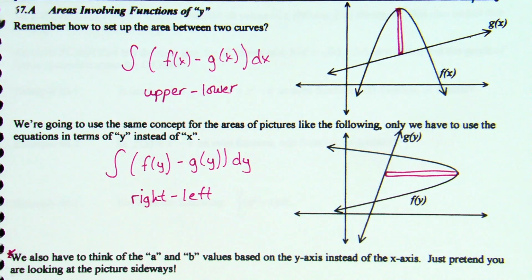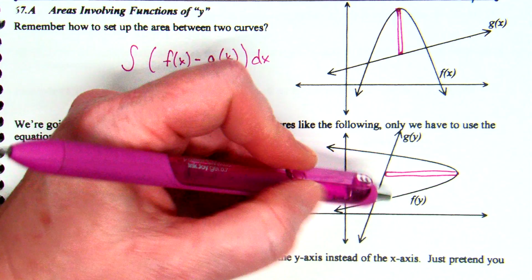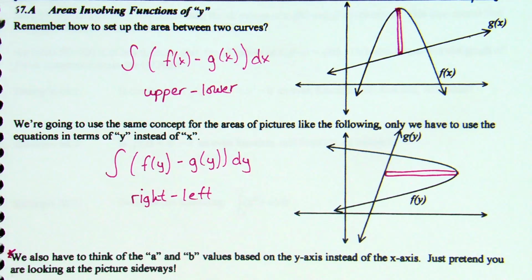Sorry, I had to get my brain on right. I guess you do just have to reverse it if you try and look at it sideways. We'll clear it up when we look at these problems in a moment, and that will help.